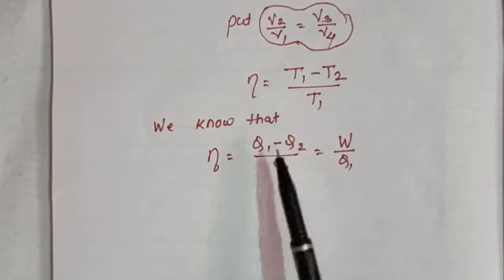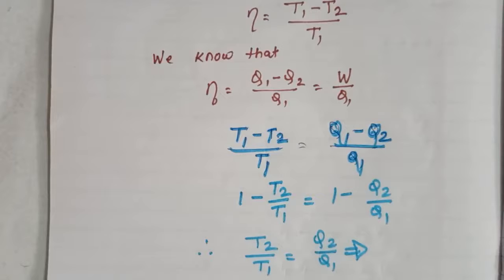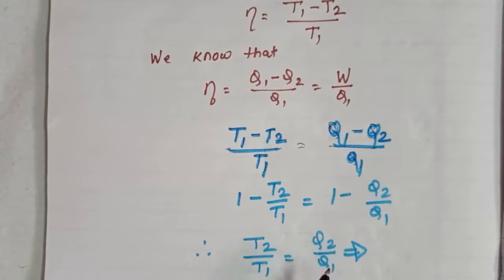Compare both these equations, then we have 1 minus T2 upon T1 is equal to 1 minus Q2 upon Q1. It gives T2 upon T1 is equal to Q2 upon Q1. It means that Q1 divided by T1 is equal to Q2 divided by T2.